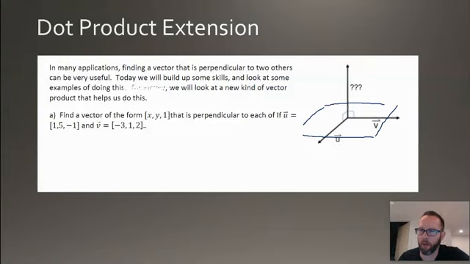Any vector perpendicular to both would have to be kind of pointing up from this plane, like a pen pointing out from your tabletop. And there's lots of different vectors that are perpendicular to both U and V, but they'd all have to be along the same line. They'd all have to be collinear or parallel. And that's what we saw here.